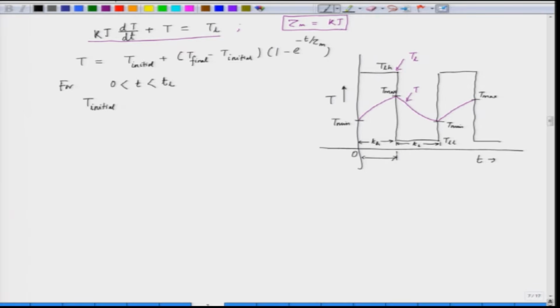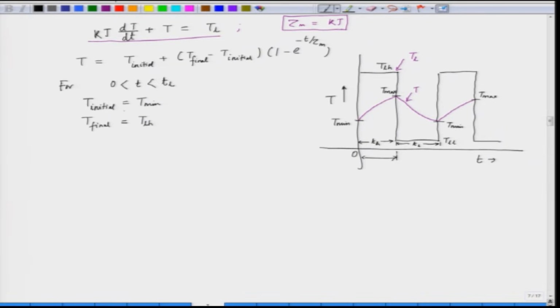If we see this particular curve, T initial is T minimum, the minimum value of torque. What is T final? T final here, if it is allowed to continue and if we maintain this high load torque, will ultimately reach T L h. So, T final is T L h.